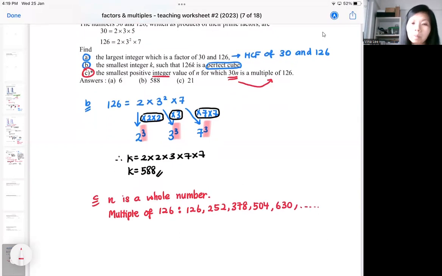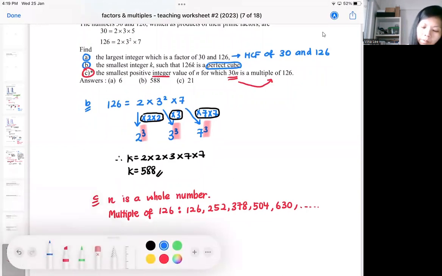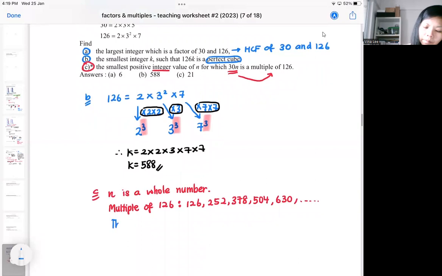You got to choose a multiple, so the thinking will be like this. For example, I choose 504. So I just choose a multiple. So 30n is 504, so n is 504 divided by 30.